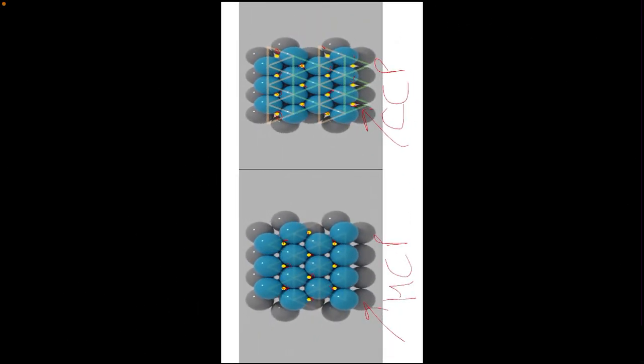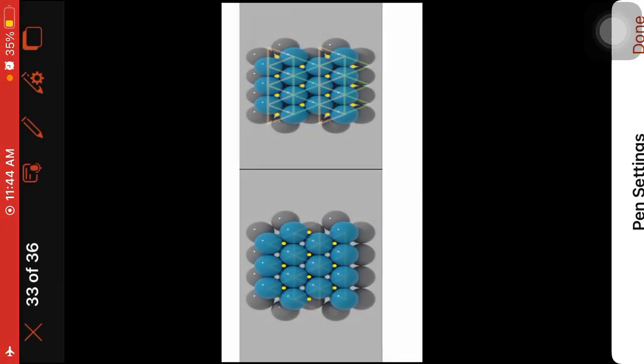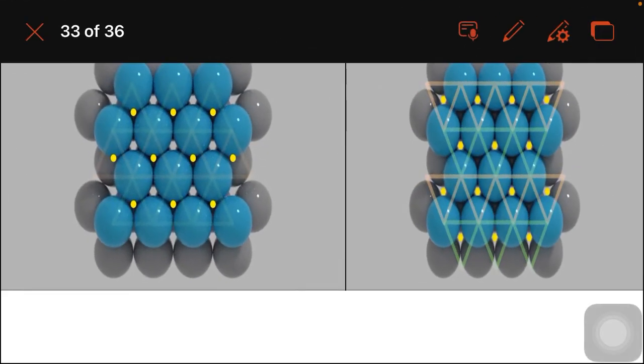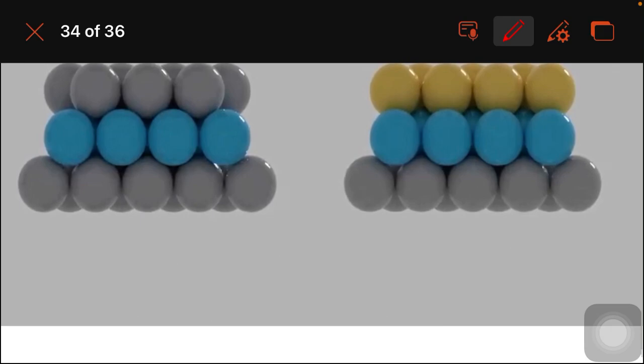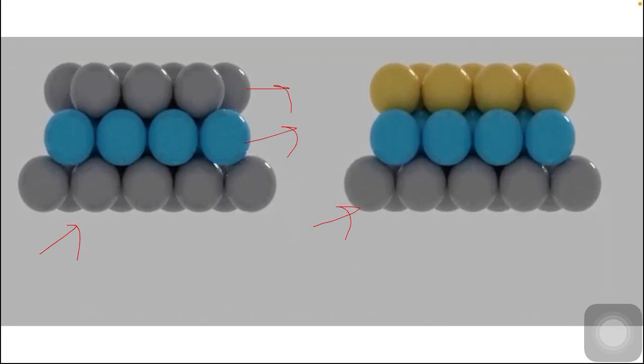So if we see the side view for both of these structures, then it will look like this. So this stacking is A, B type, and this stacking is A, B, C type.